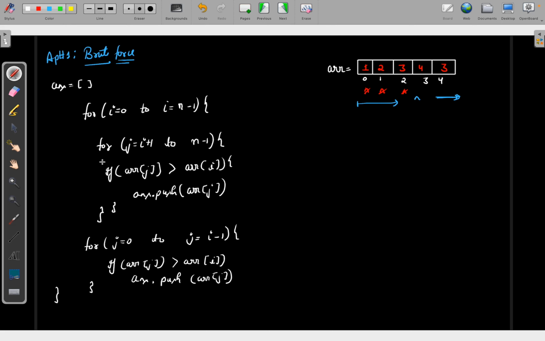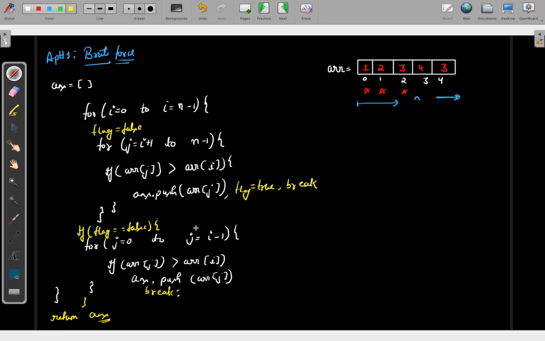You start with flag equals false, make it true and break. Once this is also completed, you can break it, and in the end we return answer as our final array. This can be one approach that we can apply, again a brute force approach.